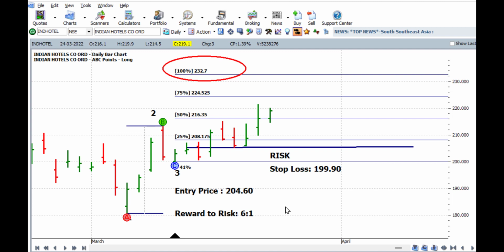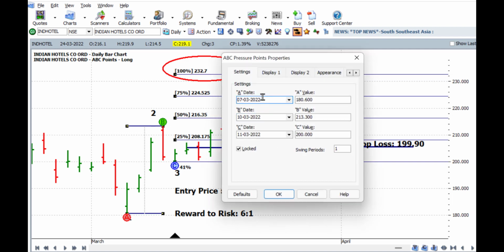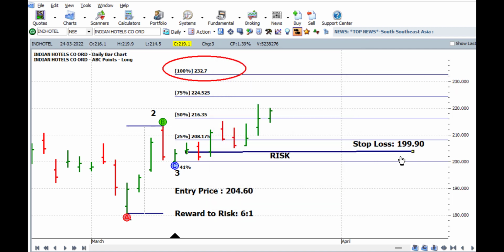What happens on this day is that we move our stop loss to our entry price, which will now be 204. This is our risk.